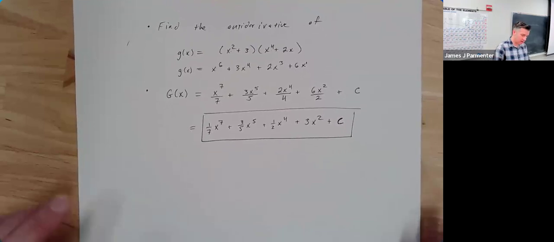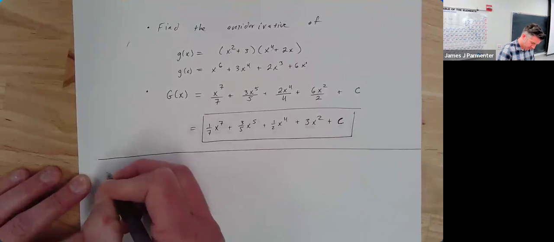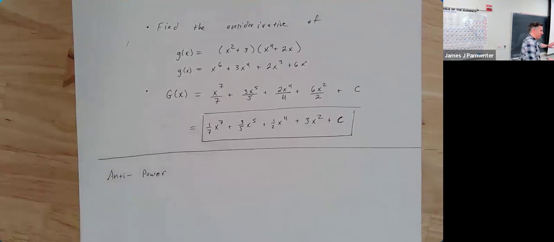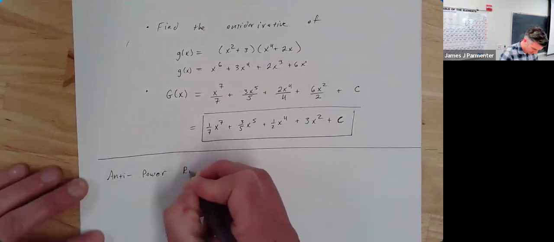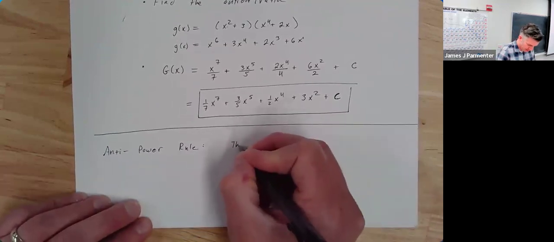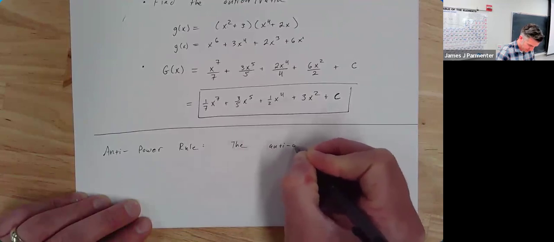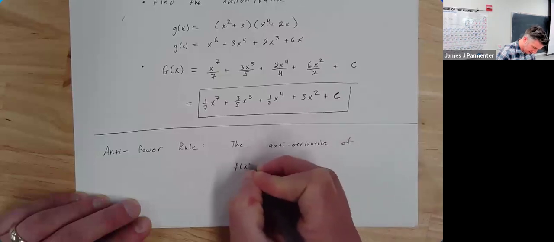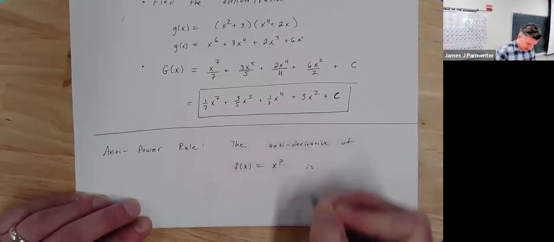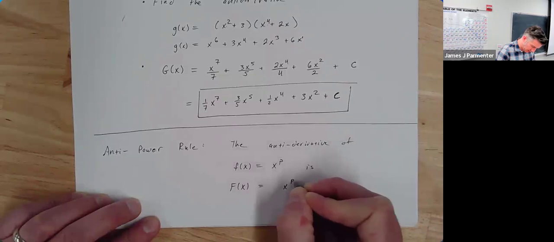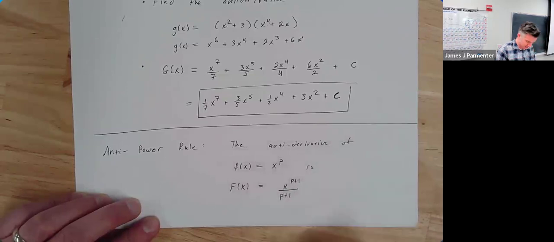So here is the anti-power rule. I don't think this is actually the official name for this rule. I actually don't know if there is an official name for this rule. It's what I've always called it. The anti-power rule says that the antiderivative of f of x equal to x to some power is, let's go ahead and use the capital letter notation, capital F of x is x to that power plus 1 divided by the new power, which is that power plus 1.